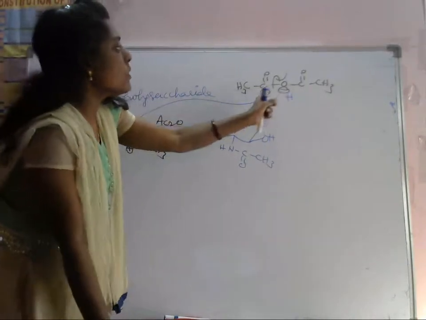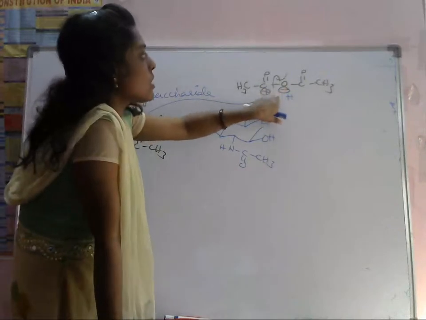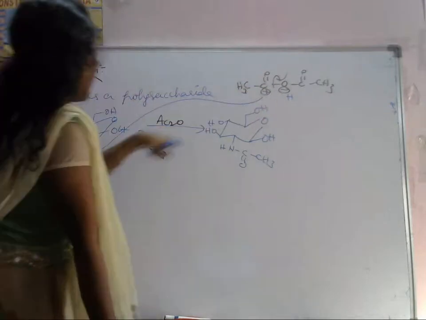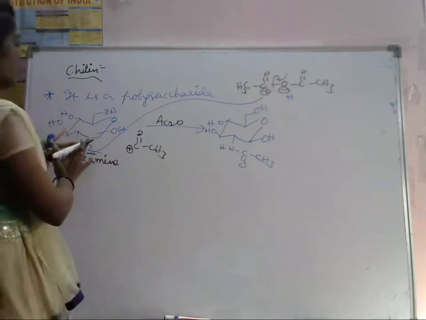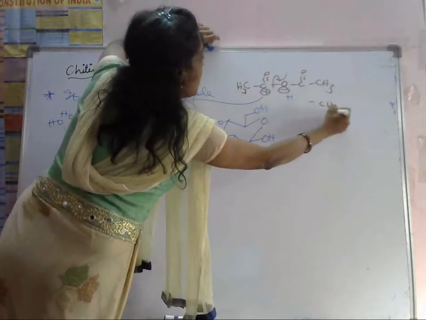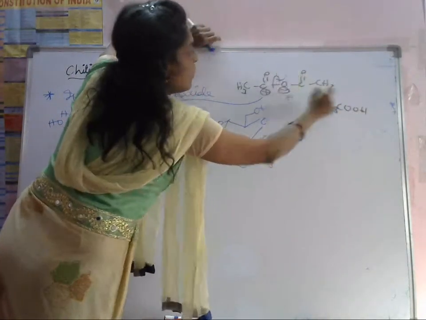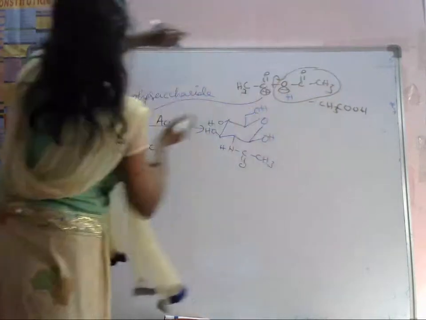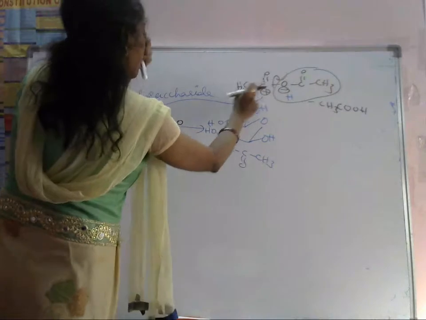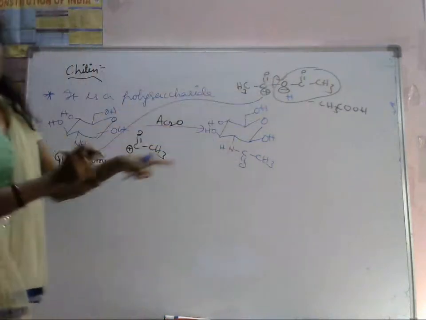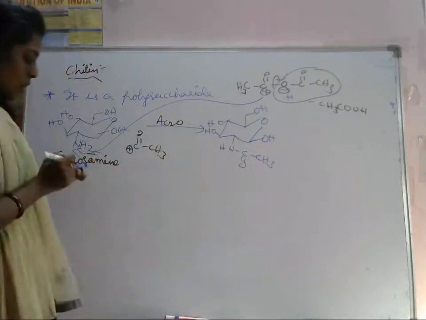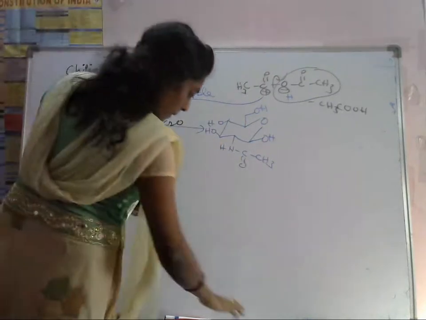If we shift this electron pair to this oxygen, it becomes O minus, and this COCH3 plus group will attack this NH, and this H will be removed as CH3COOH. Okay, one of the hydrogens is removed, and in place of the hydrogen we have to put this COCH3 group. Then we'll get this N-acetyl glucosamine. Okay?